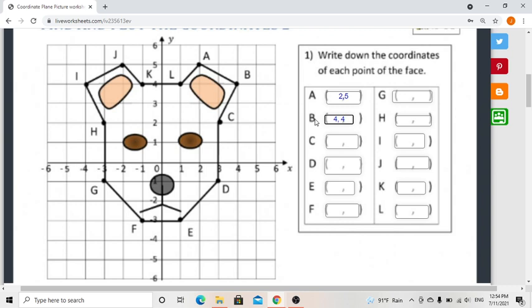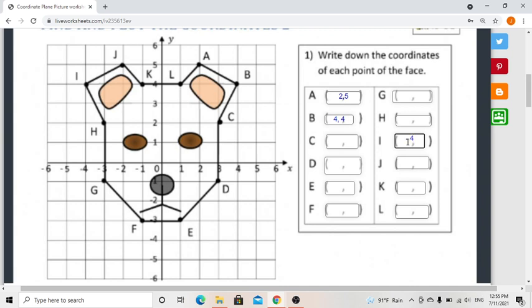Alright, I want to do letter I as another example. So let's find letter I. It's located here. Let's write down the x coordinate for letter I. As you can see, this dot goes to -4 on the x-axis. That means you have to write -4. Don't forget to type the minus sign for negative.